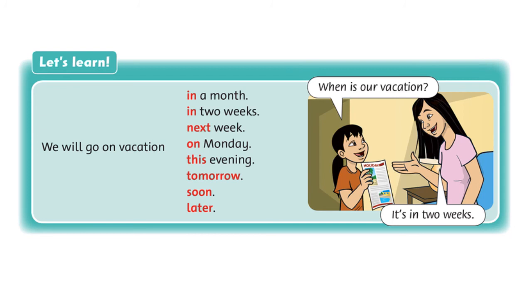Okay? And we have some phrases here, like in a month, in 2 weeks, next week, on Monday, this evening, tomorrow, soon, and later. And these adverbs of time are usually put at the end of the sentence in the future tense, right?